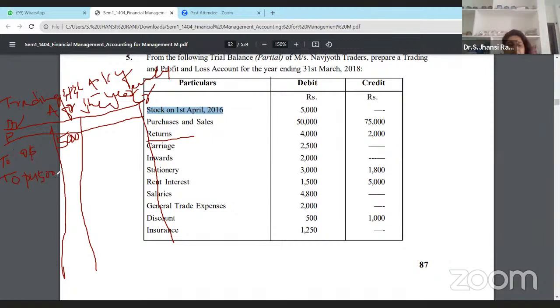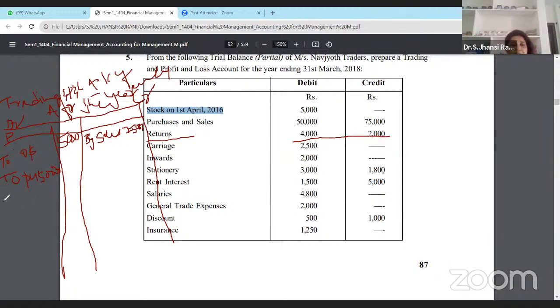We even have sales. Yes. Sales is an income to us. So we write on the credit side, by sales, and this is also in the inner column. Why? Because we have returns here, both returns are there. So I'll write in the inner column 75,000. Now we have returns. Returns are there for purchases as well as for sales also.